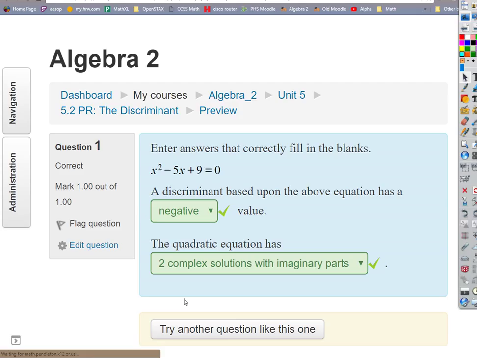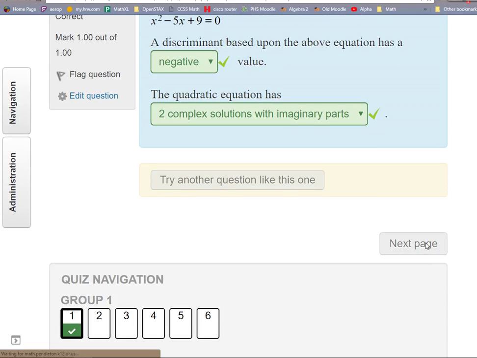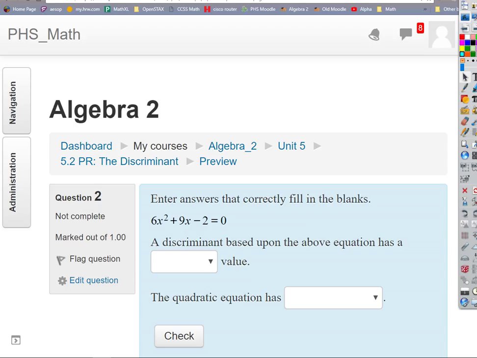Okay, make sense? Okay, how about this one? I can tell you right now what the answer is. It's positive discriminant, 2 real solutions. How come? Because you're multiplying positive with positive. Okay, 9x is positive.